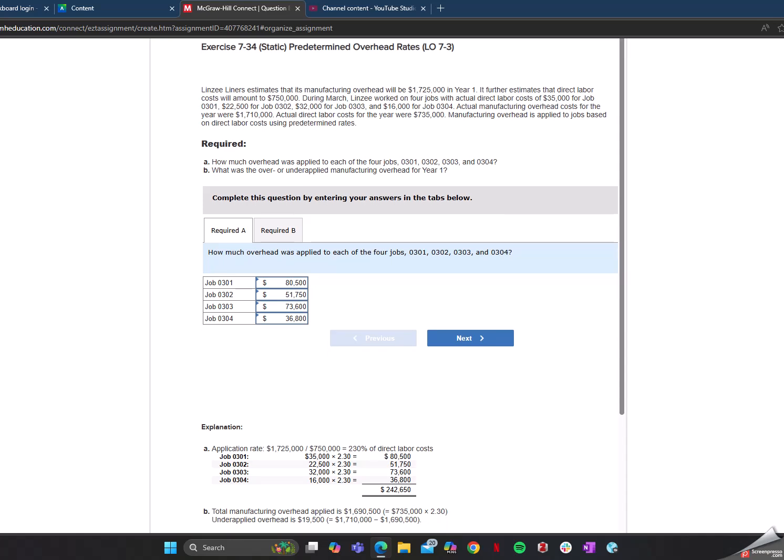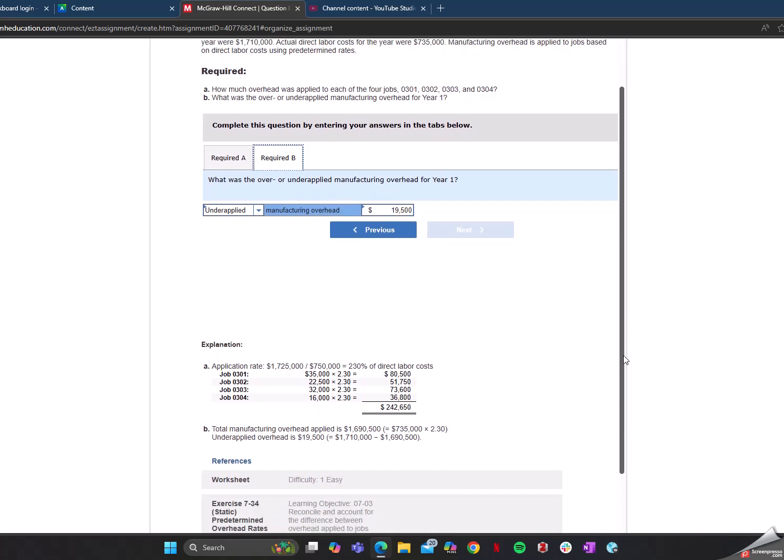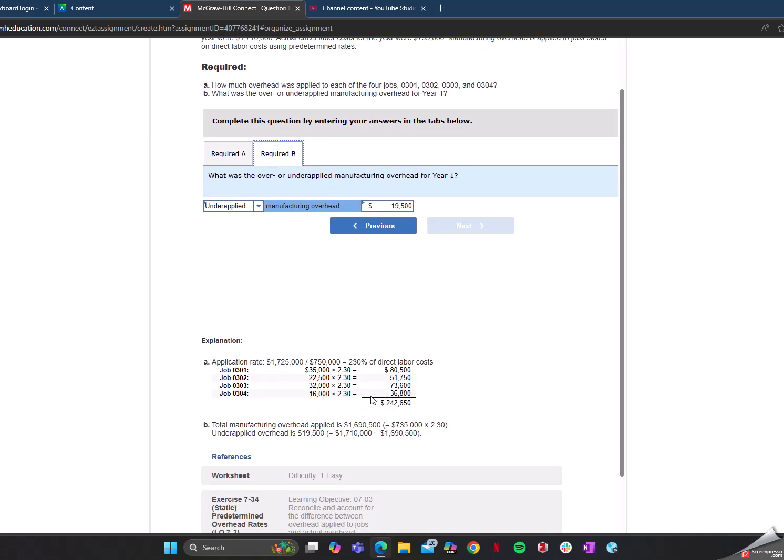So we'll come down here and look at our rate. So then our total overhead divided by our total labor, it's 2.3, or 230% of those labor costs. So then we list out the labor costs for each one of the jobs, multiply those by 2.3, and then these would be the overhead that we would allocate to each one of those jobs. Then we'll look at the over or under. Again, it's going to be more than that total.